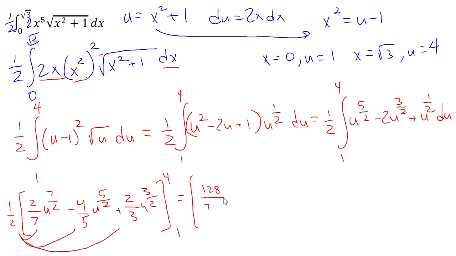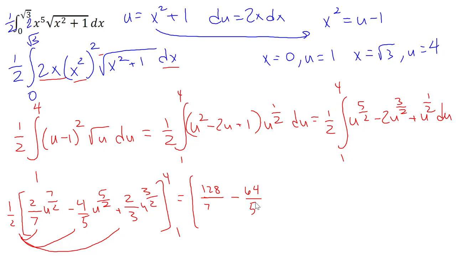And then when we plug in the 4 to the 2/5 u to the 5/2, we'll put a minus sign. It's 2/5 of 2 to the 5th, and 2 to the 5th is 32. So if we multiply that by 2/5, that's 64/5.